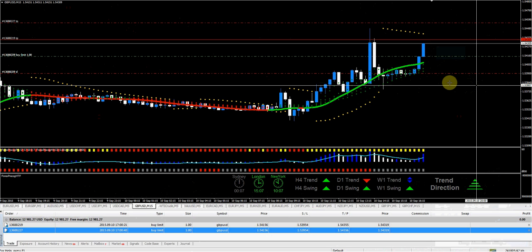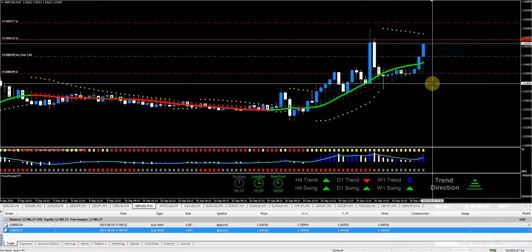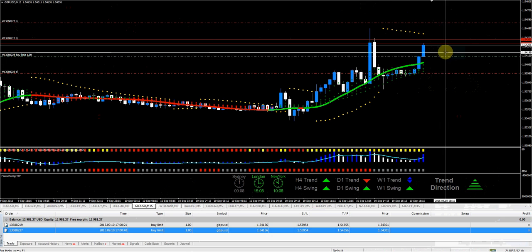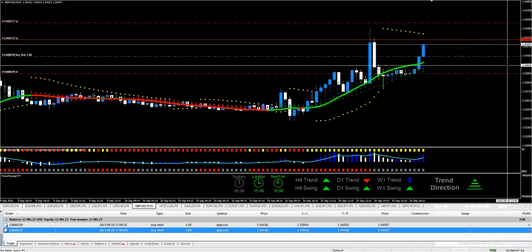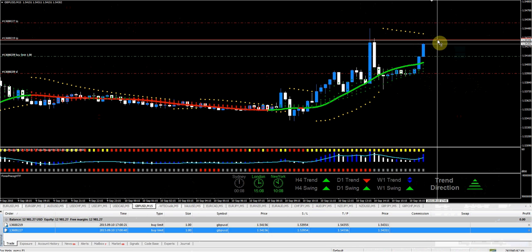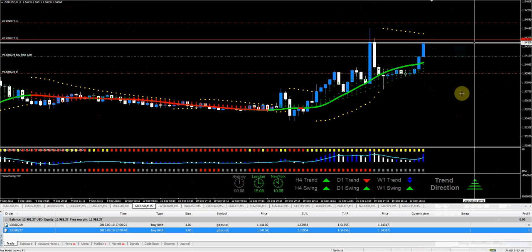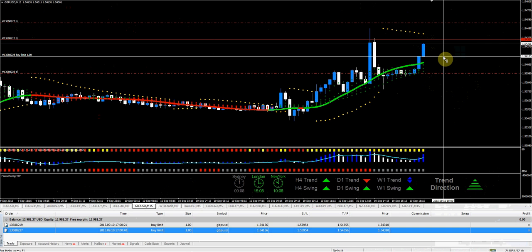It looks like market orders might be a better way to go going forward. Still have a chance of getting in though. All right, if it goes past this level, I'll come back so you guys can see it. If not, hopefully we'll get a pullback here. We'll see.